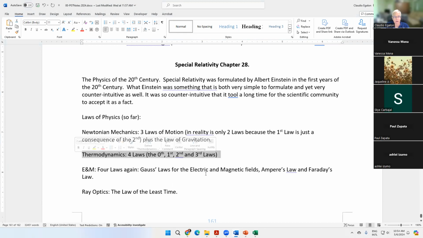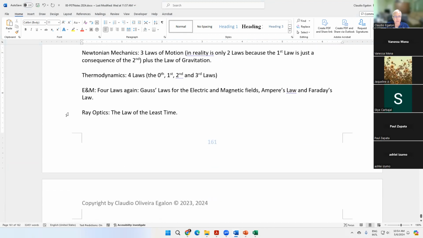In thermodynamics, 4 laws: zeroth, first, second, and third laws. Electromagnetic theory, we have 4 laws as well: Gauss's law for electric and magnetic fields, Ampere's law, and Faraday's law. Okay, and in ray optics, the law of least time.